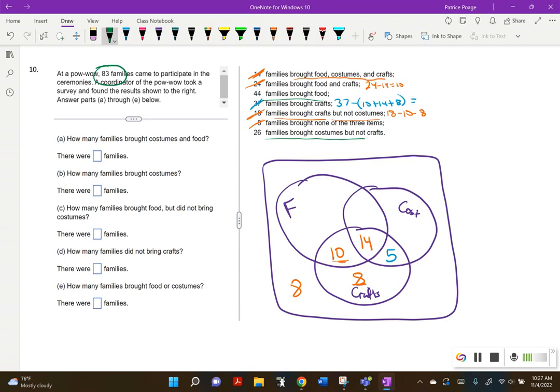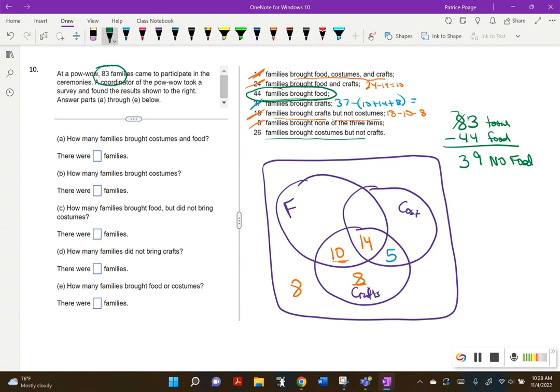You think there are 83 families, and we know that 44 of those families brought food. So there's 83 total, 44 brought food. If we subtract that, we're going to get that 39 families did not bring food. How does that help us?